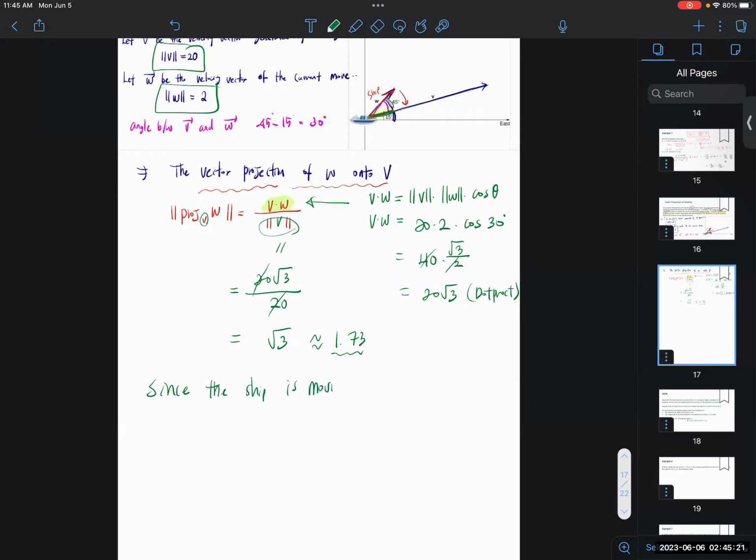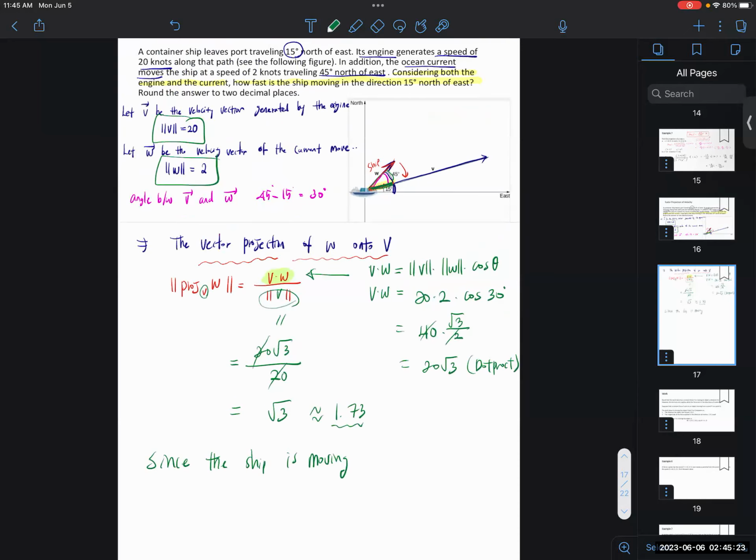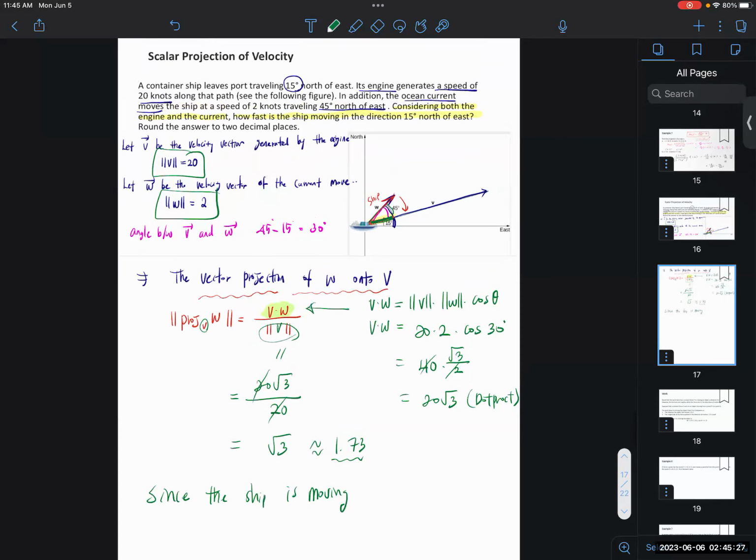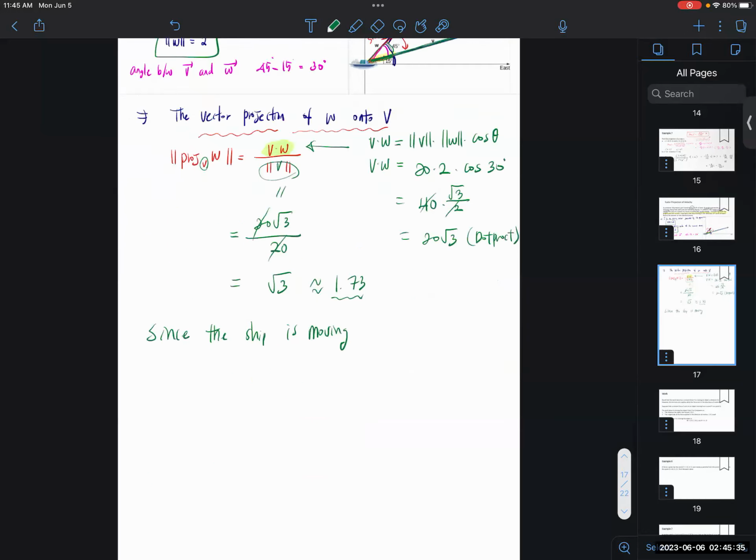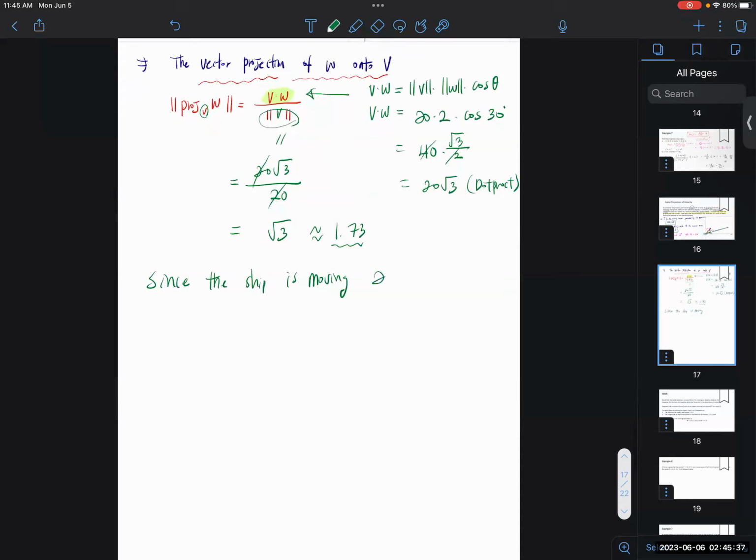Since the ship is moving, we already know that it is already 20. So this is the 20. We have 20 knots, and then they're adding 1.73 knots that we just calculated.